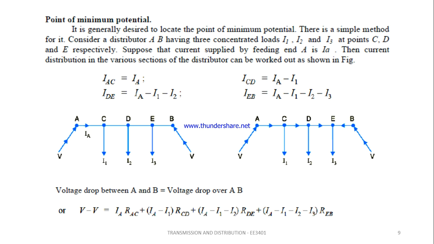How do we calculate the minimum potential point? We apply the mesh analysis rule. The voltage drop between points A and B is equal to the voltage drop over AB. So V minus V is equal to IA into RAC plus (IA minus I1) into RCD plus (IA minus I1 minus I2) into RDE plus (IA minus I1 minus I2 minus I3) into REB.